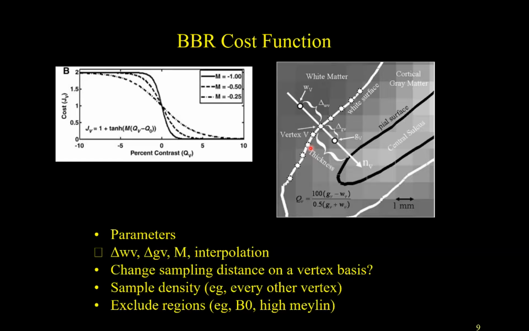Since those are already built into FreeSurfer, it's possible to say, this rostral anterior cingulate is a high myelin or a high B0 region, and I know where that is because FreeSurfer tells me where that is. So I'm going to exclude those vertices from my registration because I'm not getting good signal from there. So these are all things that can be done in BBR.